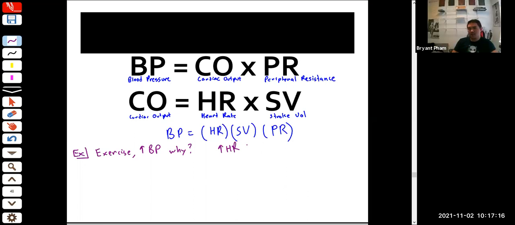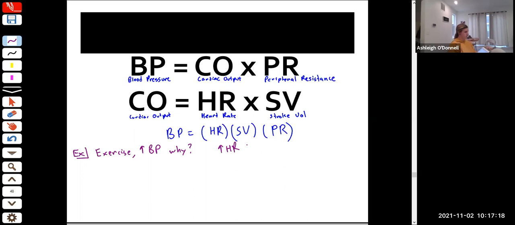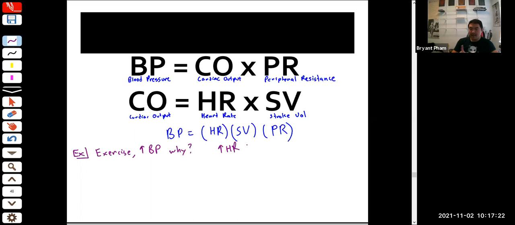Can you change the size of your heart very quickly? No. So therefore, what I'm getting at is your stroke volume doesn't really change. Unless you can change the size of your heart, your stroke volume doesn't really change.